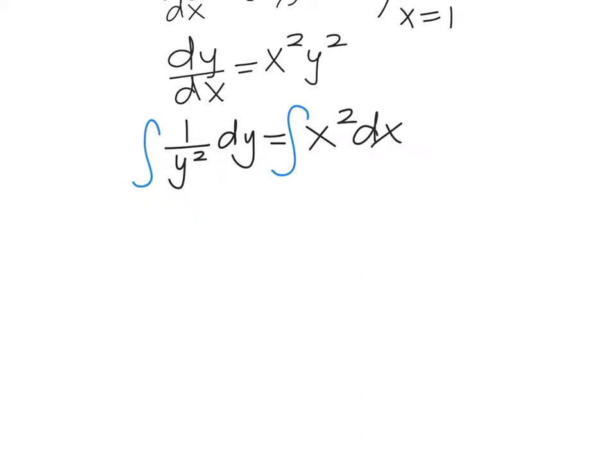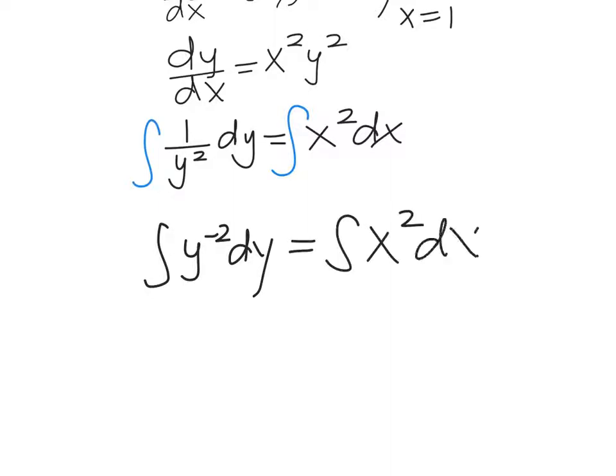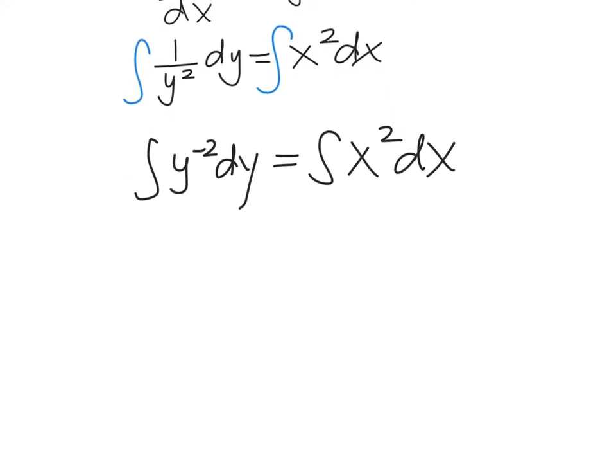I would rewrite this as the integral of y to the negative 2 dy, which is good, equals the integral of x squared dx. So all I did was rewrite it as y to the negative 2. Okay, so let's go ahead and find the antiderivatives on both sides. By the way, you only need plus c on one side. You don't need it on both. It would cancel each other out anyways, but you just need it on one side, and we're going to always put it on the x side, okay?